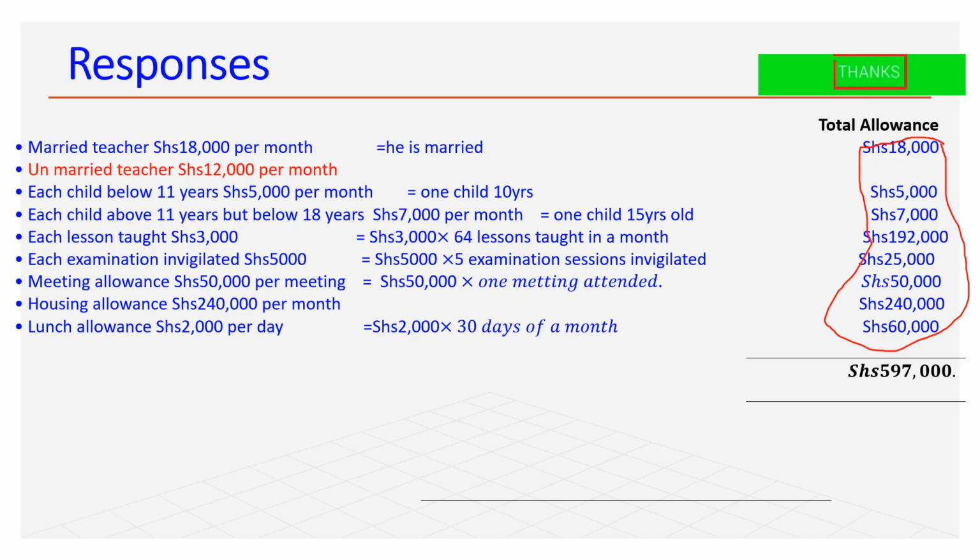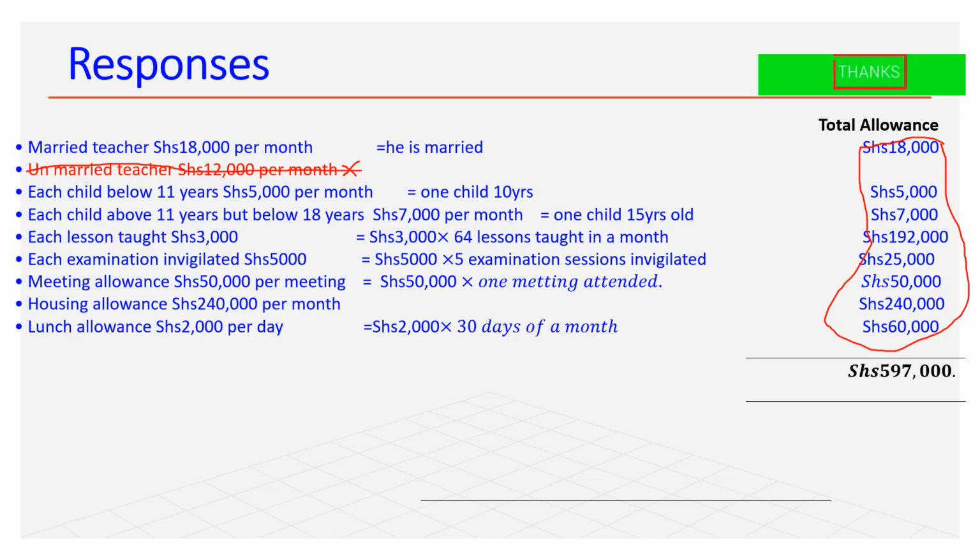So since the teacher is married, I shall exclude the unmarried allowance. You can't be married and unmarried at the same time. So that's why I am putting red on this. In other words, I'm even crossing it.